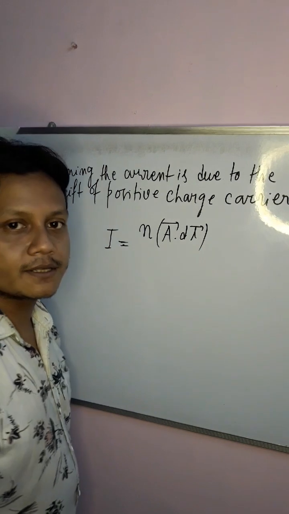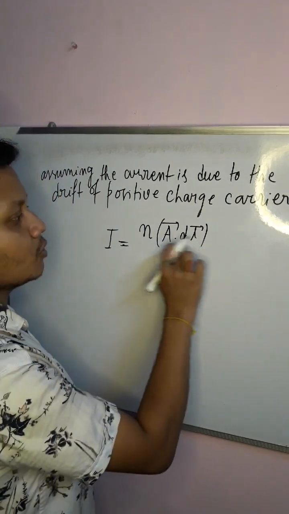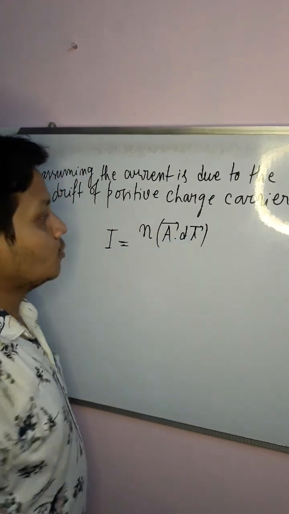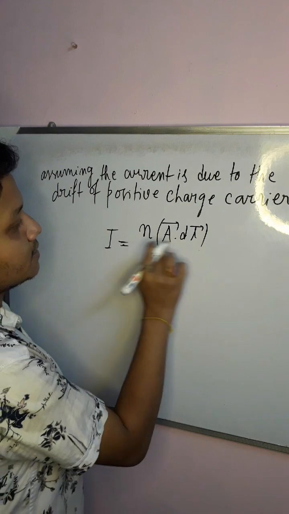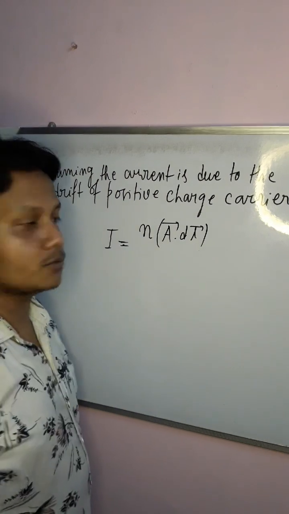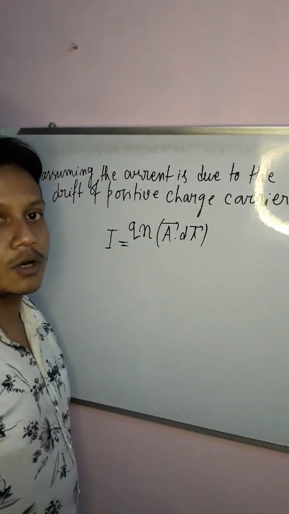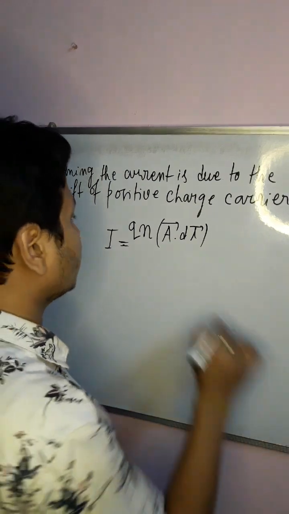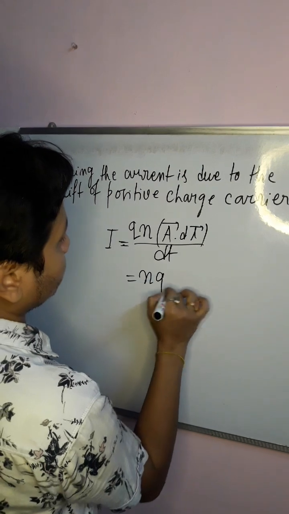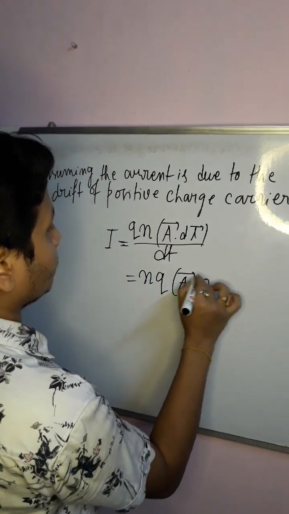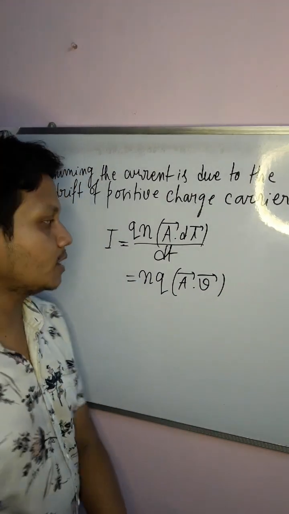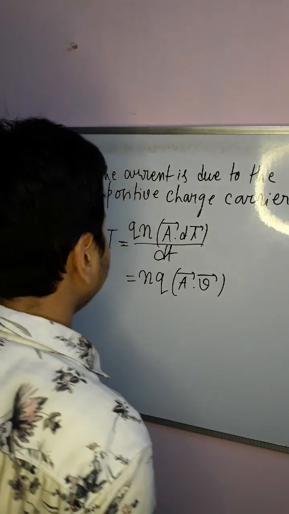This is the total volume, and n is the number of carriers per unit volume, so this is the total number of carriers within this volume. If we multiply it by q, this represents the total charge by infinitesimal time dt, or you can write nqA dot v. So this represents the current.